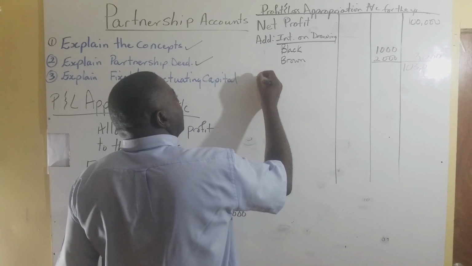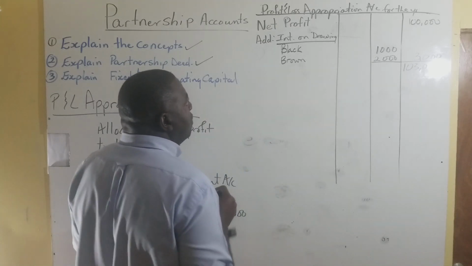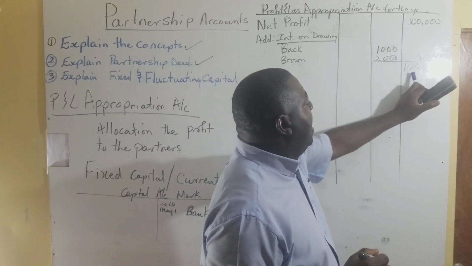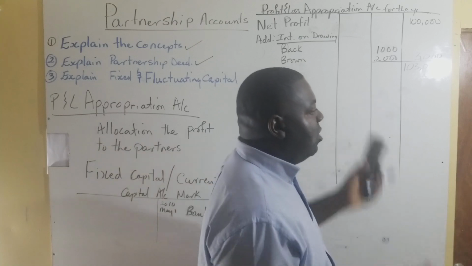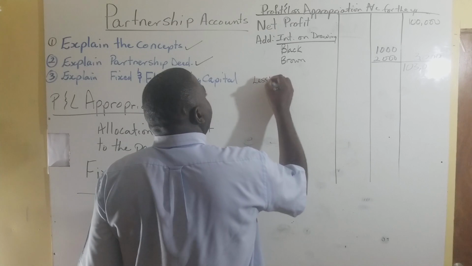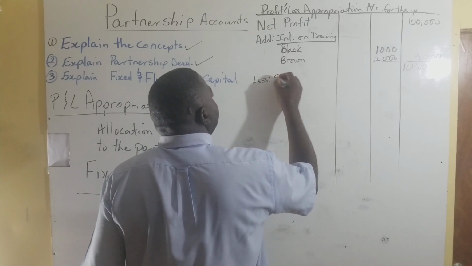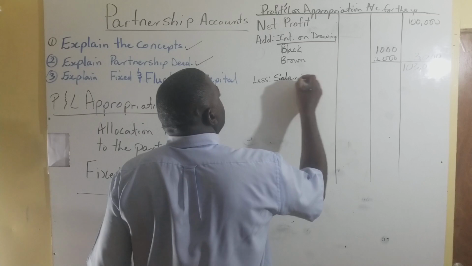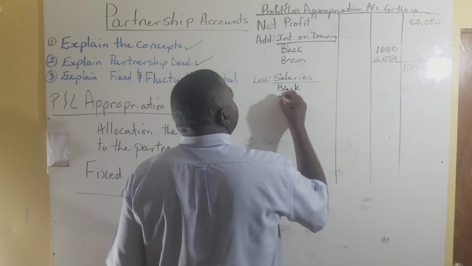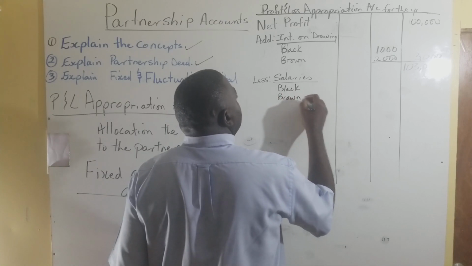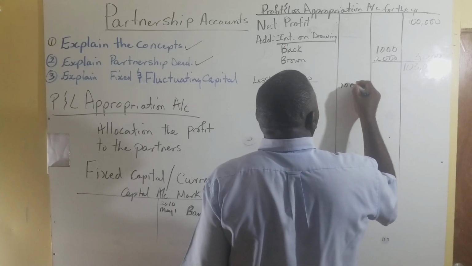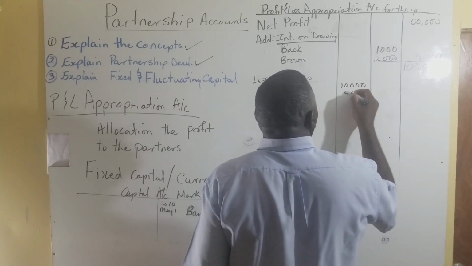Okay, all right. Now that we have calculated, this is all the money that we have for the particular period to share among the partners. So we're going to subtract, let us say now, the salaries. Let us say Black and Brown are both paid a salary. So let's say one is paid $10,000, another is paid $5,000.